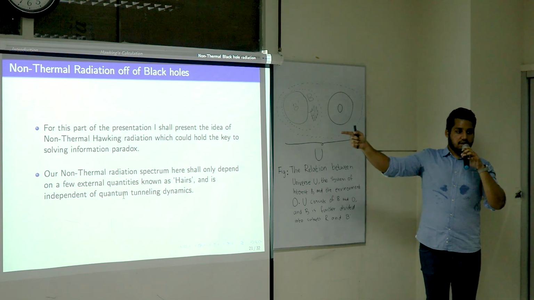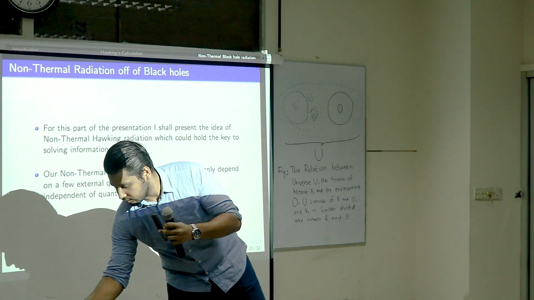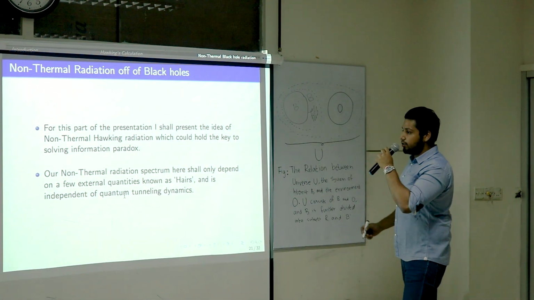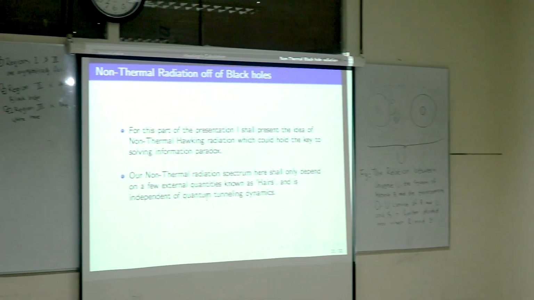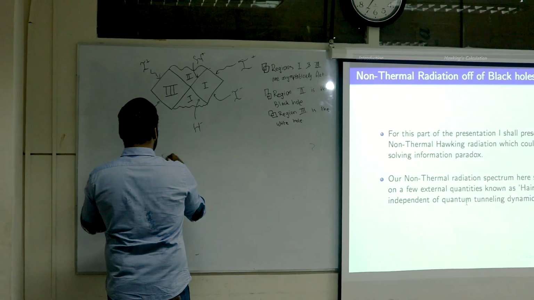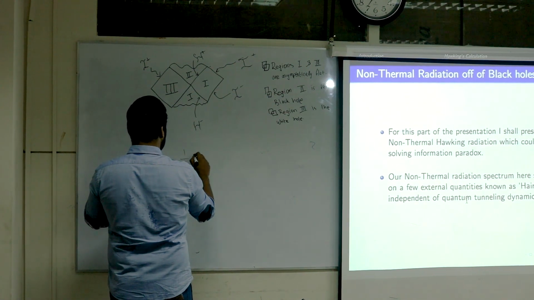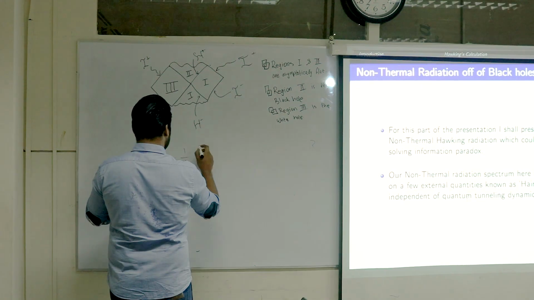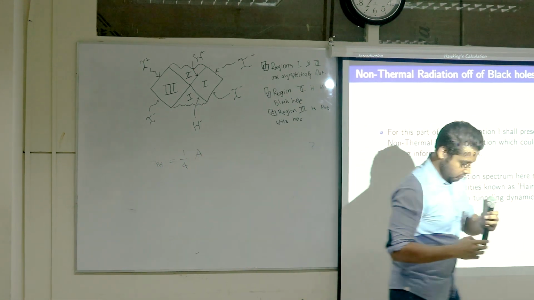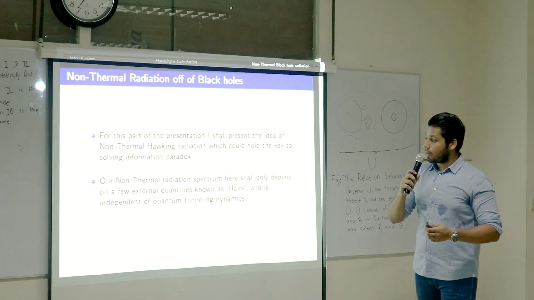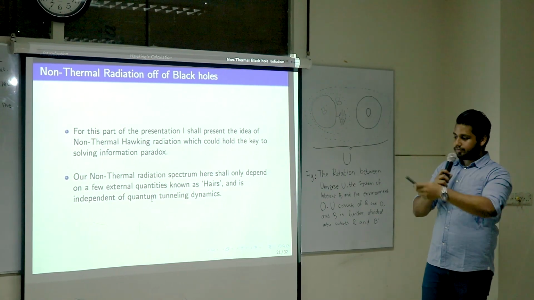He just used the properties of the hairs and the Hawking-Bekenstein entropy formula, which is linked to the area of the black hole.